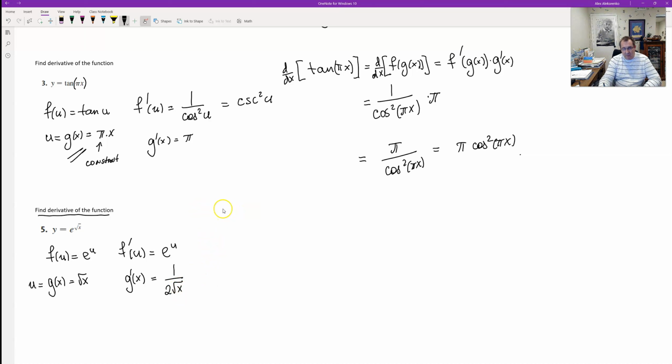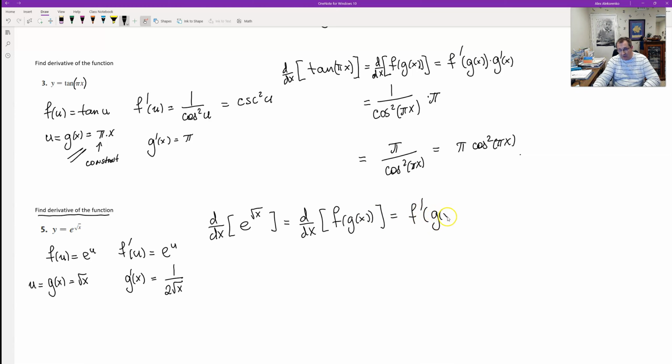Very good. So now we're ready to put everything together. Derivative of the composite function e raised to square root x is the derivative of the composition of f of g of x. And according to the chain rule, we'll have derivative of f evaluated on g of x multiplied by derivative of g of x. So derivative of g of x is easy.